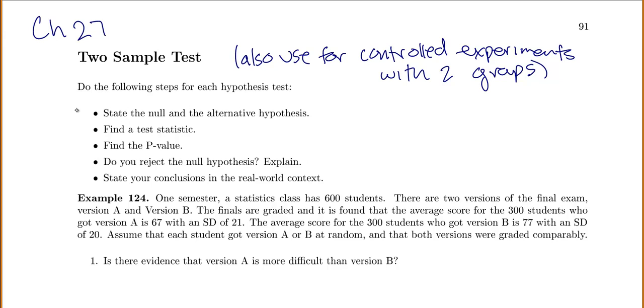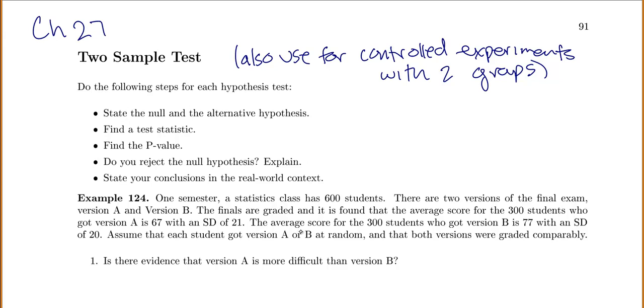So for our first example, one semester, a statistics class has 600 students. There are 2 versions of the final exam, version A and version B. The finals are graded, and it is found that the average score for the 300 students who got version A is 67, with a standard deviation of 21. The average score for the 300 students who got version B is 77, with an SD of 20.